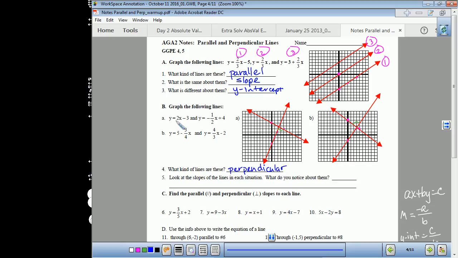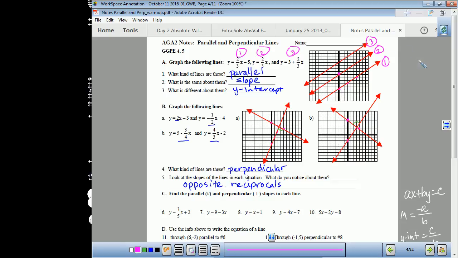So when we look at this slope and compare it with this slope, what do we notice about the slopes? They are opposite signs and they are reciprocals. So that's the big takeaway.